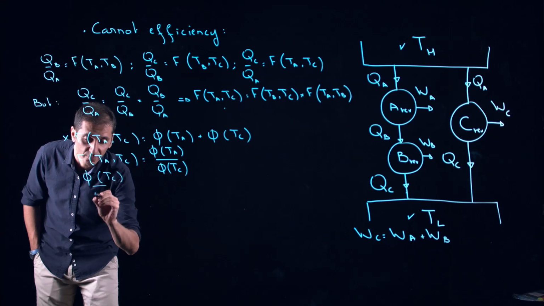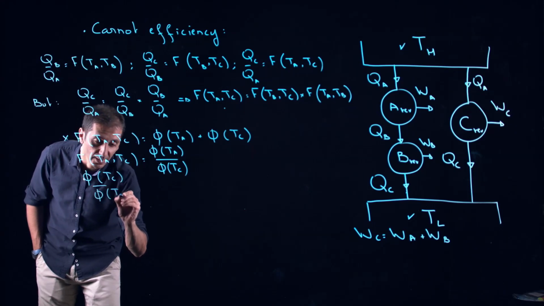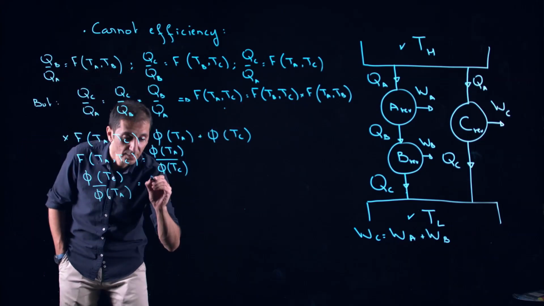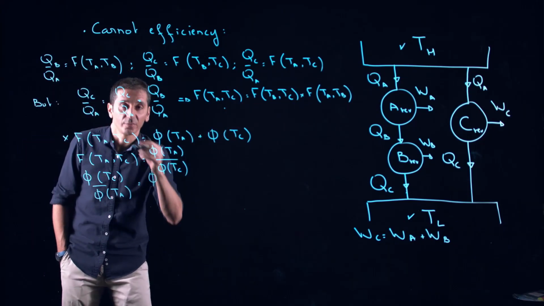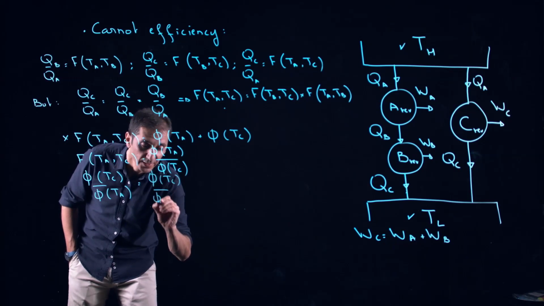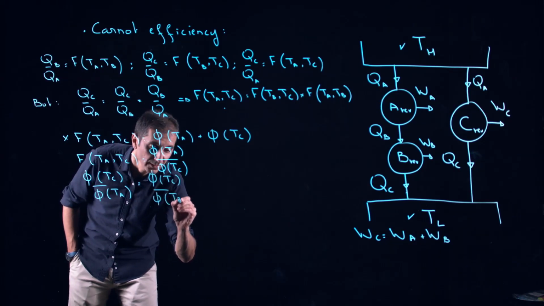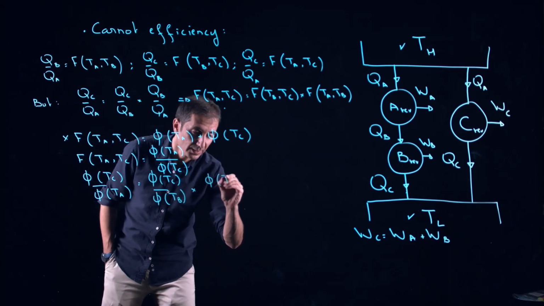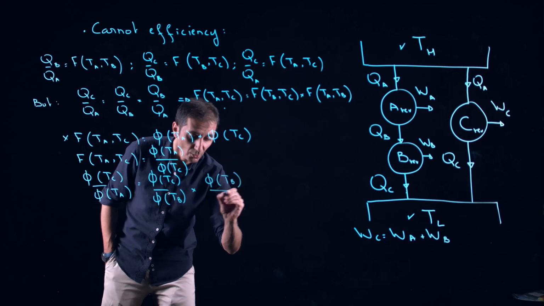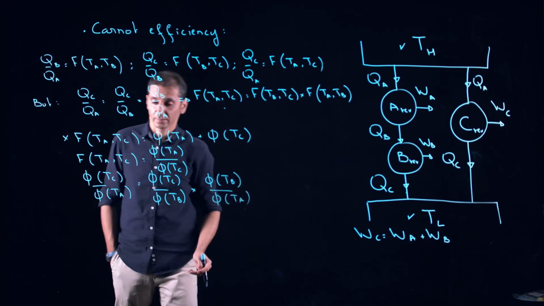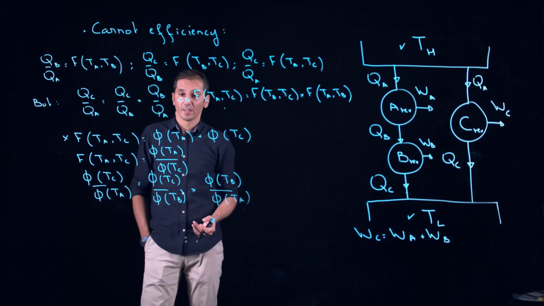So this means that this one here will become phi of TC over phi of TA, which is equal to what? This one is phi of TC over phi of TB cross phi of TB over phi of TA. And now it makes sense.